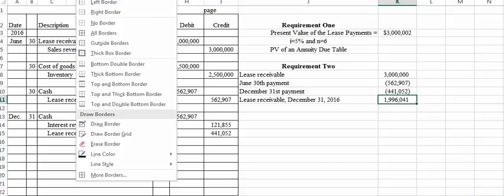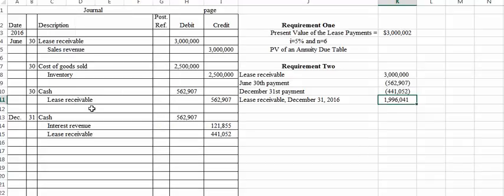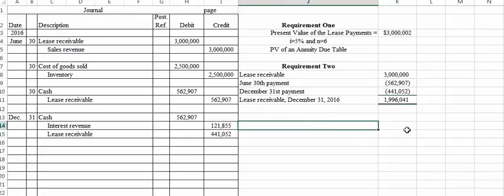And we've seen that one before too, but that's the balance that builders would show in the lease receivable account on December 31, 2016. And that's going to be on the balance sheet.